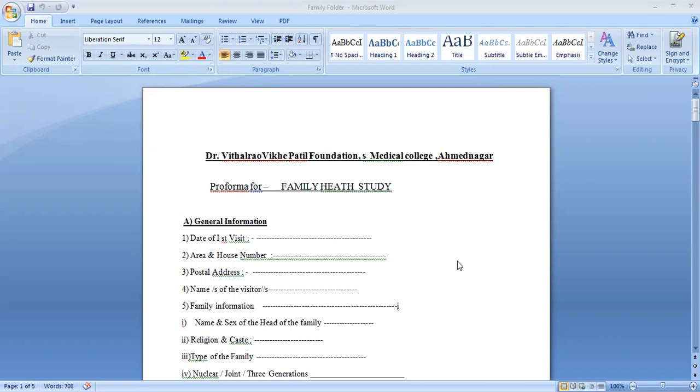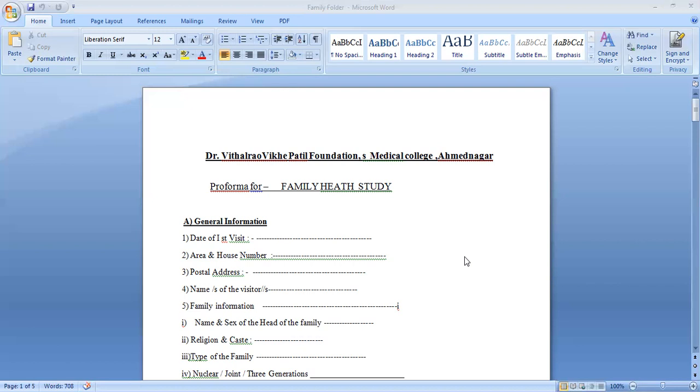So we expect you to go to your neighborhood families, or the families located in your colony, and try to do this study as per the performa provided for this study, which I am showing you here.